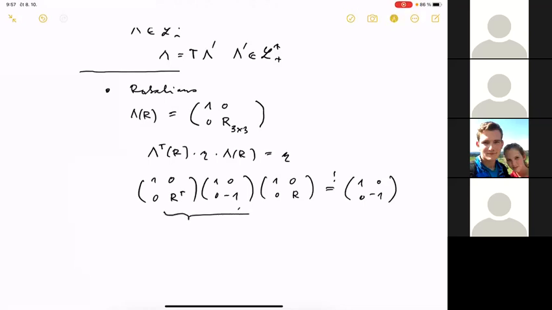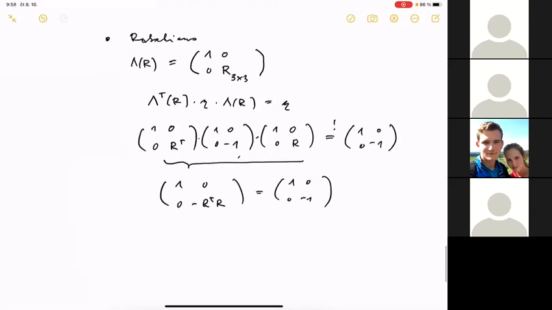And if we do this matrix multiplication, we get 1, 0, 0, and here we combine this R transpose with R, but with minus sign here, minus R^T R. And this should be (1, 0; 0, -1). So from the definition of the elements of the Lorentz group, we get the following constraint of this matrix.